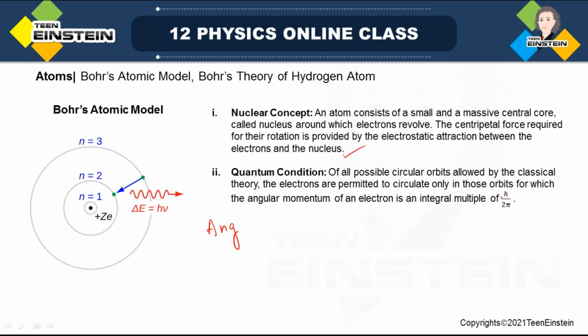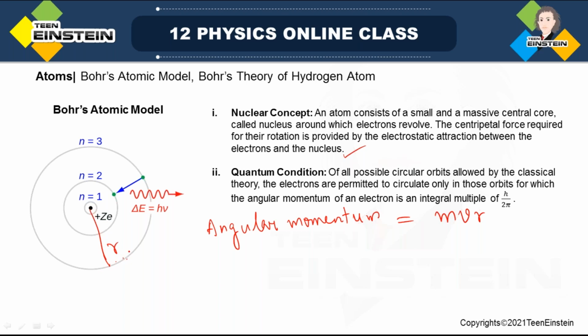Here it is stated that only those orbits are allowed, not all the orbits, for which the angular momentum is mvr for a particular orbit having radius r. Suppose there is an orbit which has radius r.